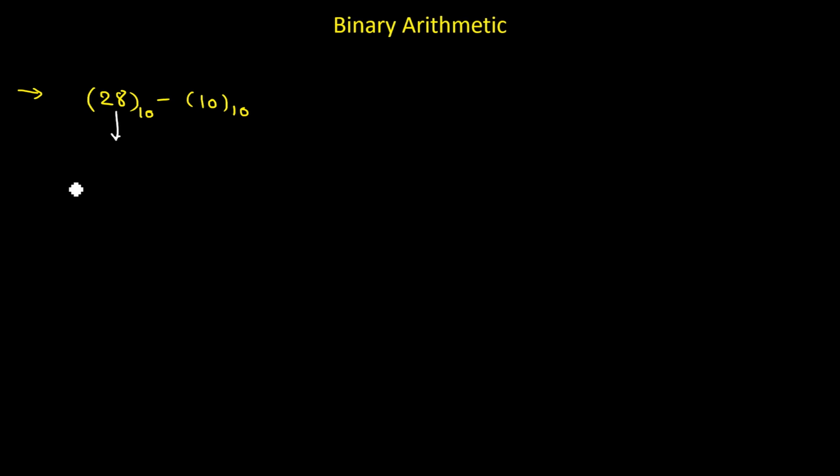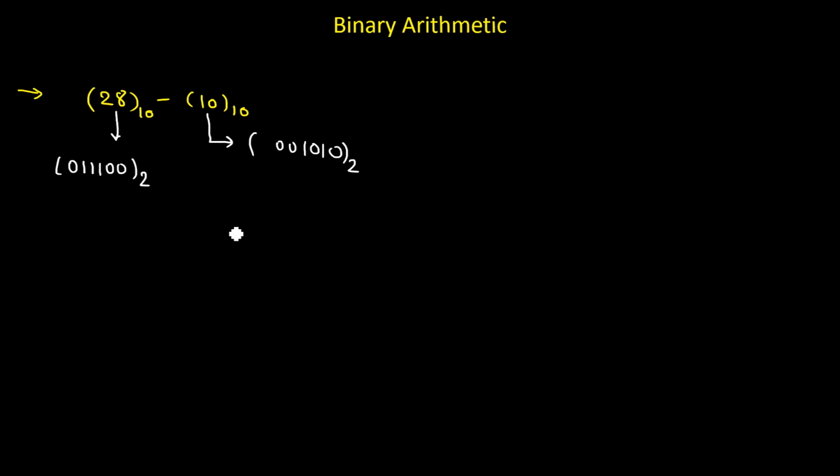So if you convert 28 into 6-bit binary, you get 0 1 1 1 0 0. And if you convert 10 into binary, then we get 0 0 1 0 1 0 in 6-bit binary.